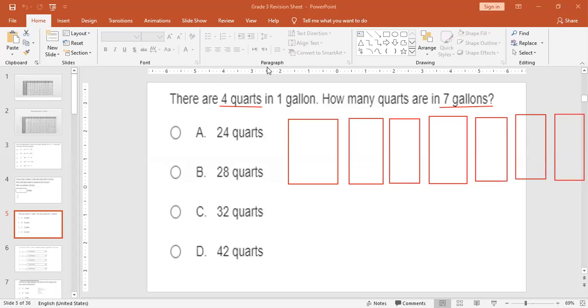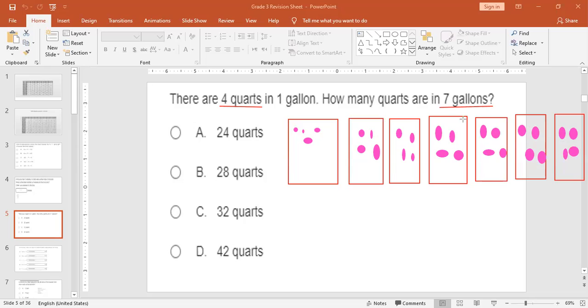Let's draw the 4 quarts. Let's say that these are the quarts. 1, 2, 3, 4, and again for each gallon, 1, 2, 3, 4, until we have 7 groups.